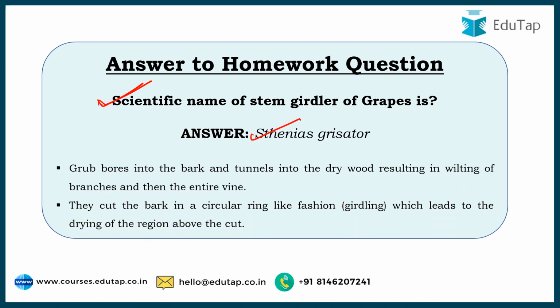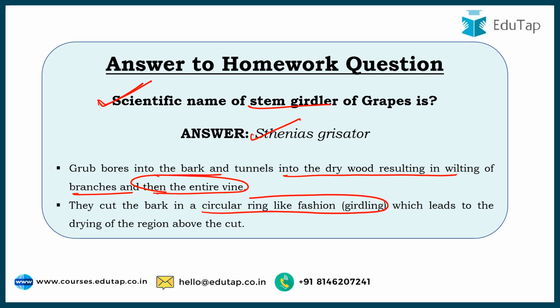And why has it got its name as stem girdler? See the grub, it bores into the bark and tunnels into dry wood, resulting in wilting of branches and then the entire one. Now how is it done? They cut the bark in a circular ring-like fashion, girdling. See, if this is a stem, they girdle the stem literally.